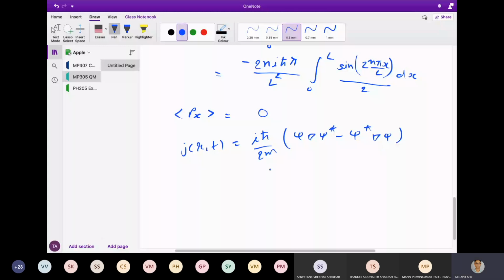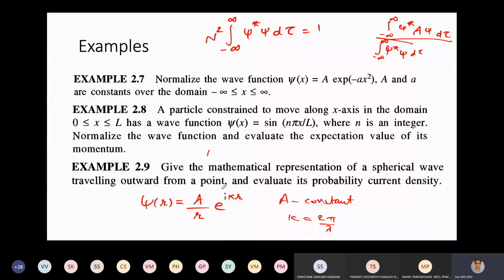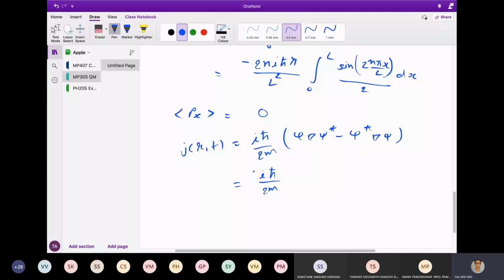Over here you just replace the wave function by this one, e to the power ikr into a by r. So a by r is constant, है ना? So you do it on your own, ठीक है? a by r is constant, and the gradient of ψ*. So ψ* क्या हो जाएगा? a by r, it is the complex conjugate of this function.